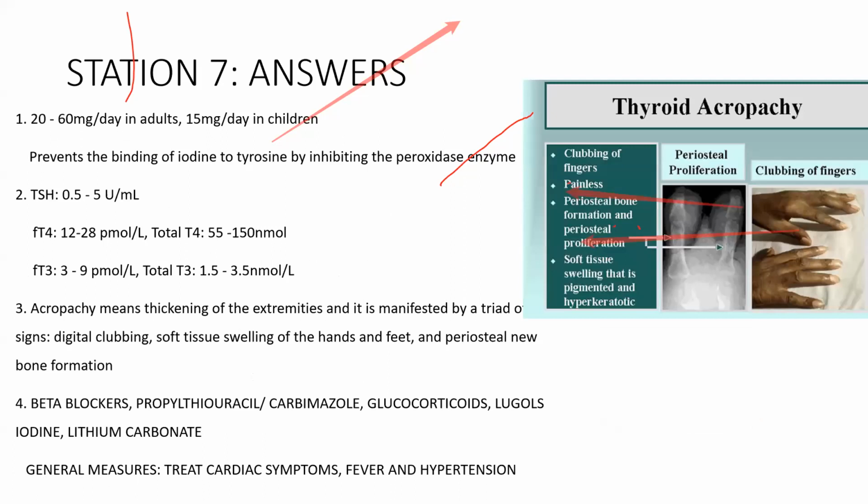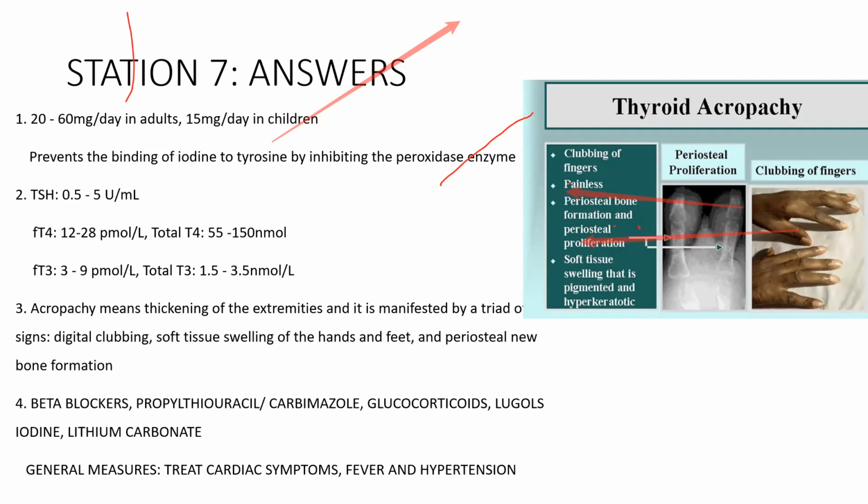When you give a beta blocker along with an anti-thyroid drug, you should also know that it is for significant tachycardia, when the patient is going for atrial fibrillation, or when the patient has a coexisting cardiac problem, you have to give drugs also.